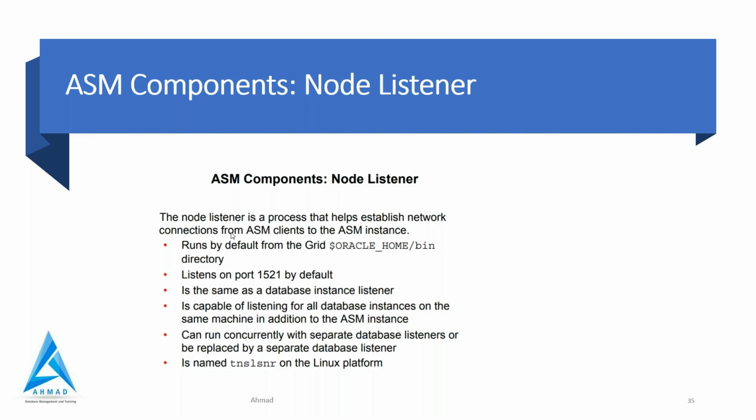From that it will find out that instance A is least loaded. Then the local listener of that instance communicates with the SCAN listener, the connection transfers to the local listener, and then the client connects to the database through that instance. So this is the way your connection happens.